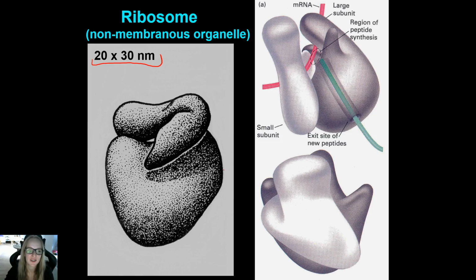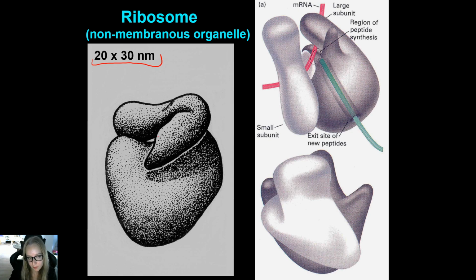You can see ribosomes only in an electron microscope, and we use them as a standard measurement for other structures in the cell. In light microscopy, as you probably remember, we use erythrocytes or red blood cells as a standard measurement, and in electron microscopy we use ribosomes.